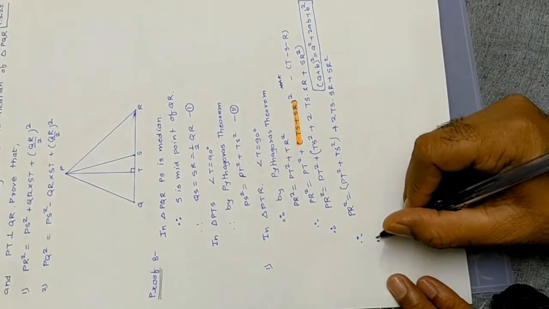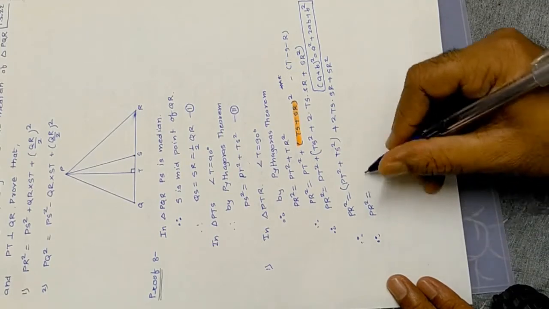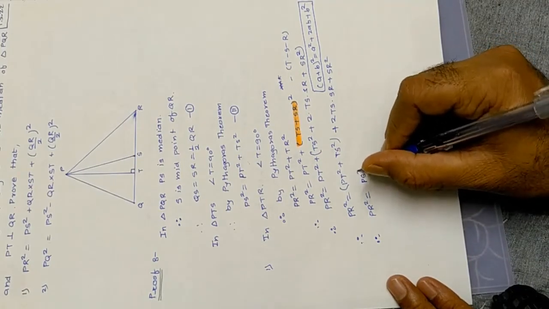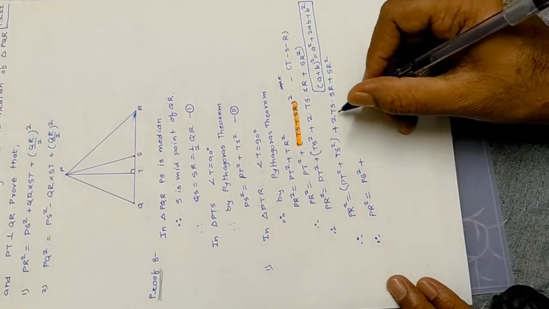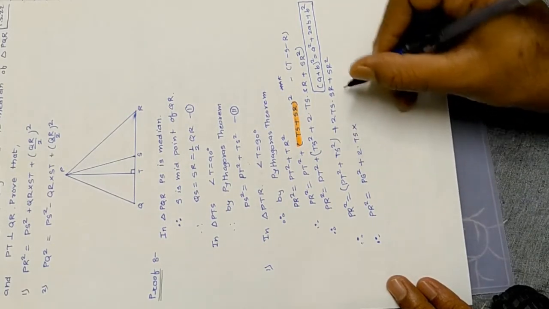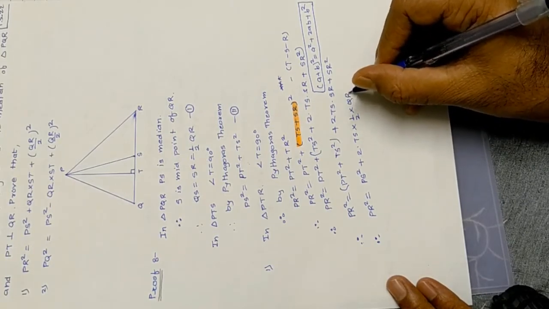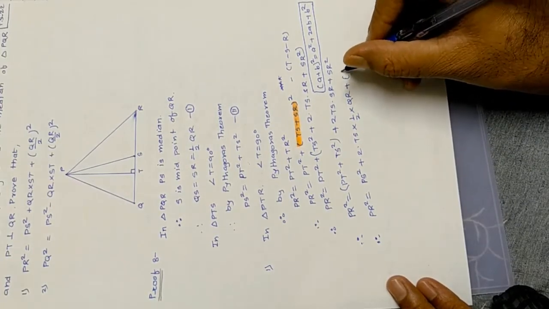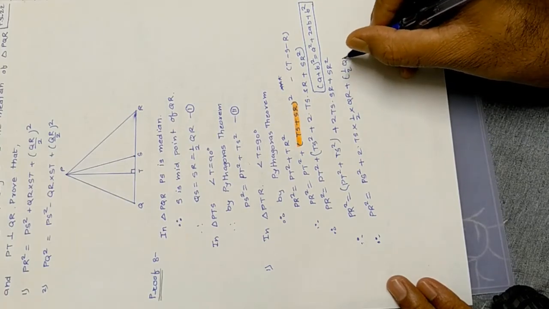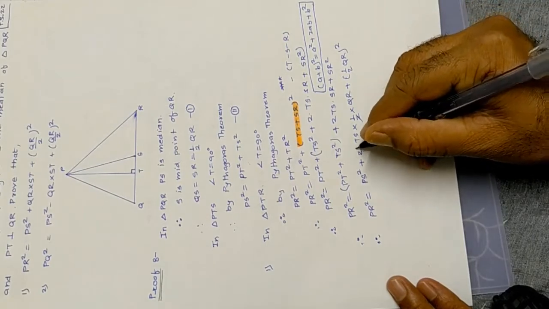So I am going to write, therefore PR square is equal to PS square plus, now this is 2 times TS into SR. SR is half of QR. So half of QR plus again here half of QR the whole square. Now this 2 gets cancelled.